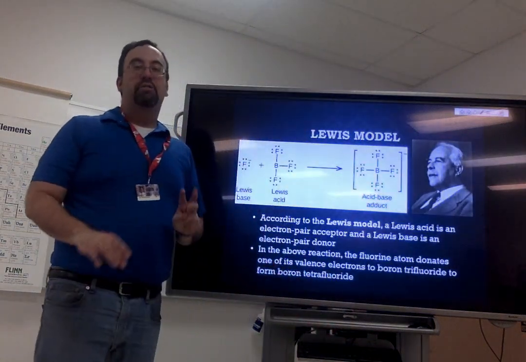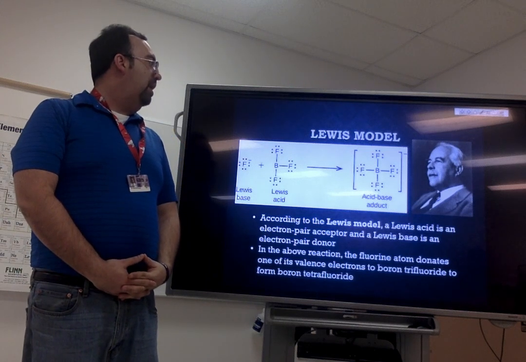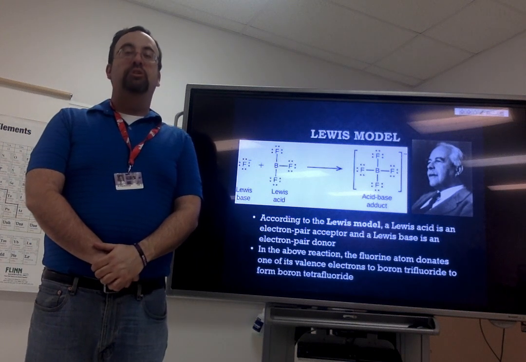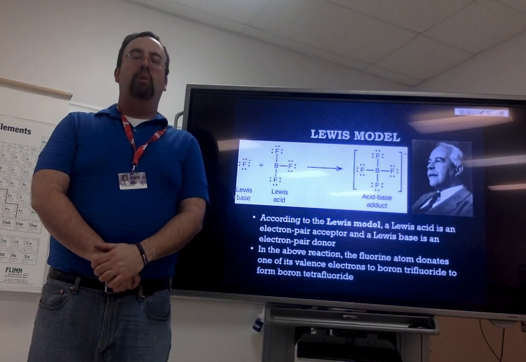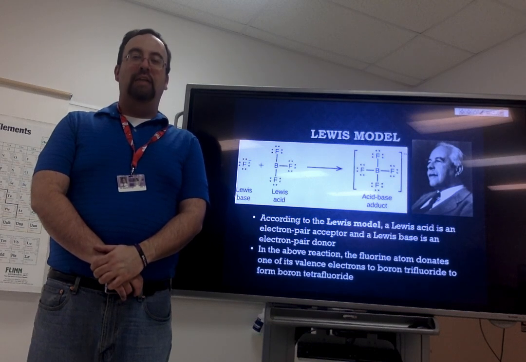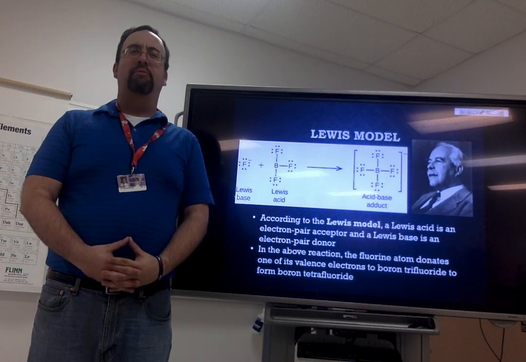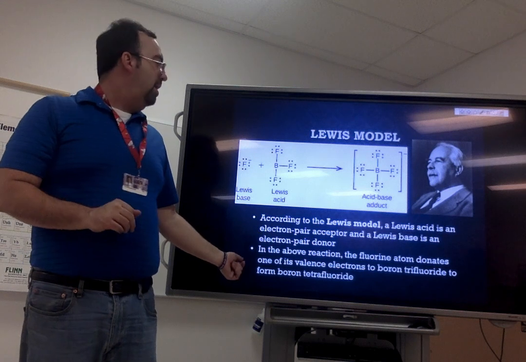All right. A third type of model for acids and bases is by Lewis. If Lewis sounds familiar, it's because we already talked about him when we were looking at electron dot diagrams. Those are the Lewis dot diagrams that we use to show electrons getting moved about. It's the same gentleman.